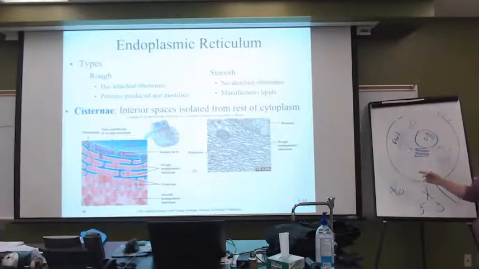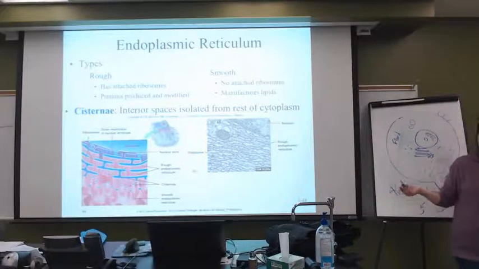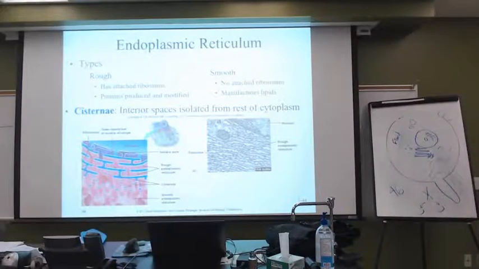Our endoplasmic reticulum, therefore, if ribosomes attach to it, it's called rough. But we also have a portion of endoplasmic reticulum that's considered smooth. The smooth doesn't have ribosomes attached to it. It makes lipids for the cell to use. And in some areas of the body, helps detoxify any type of chemicals or toxins that make it into the cell.